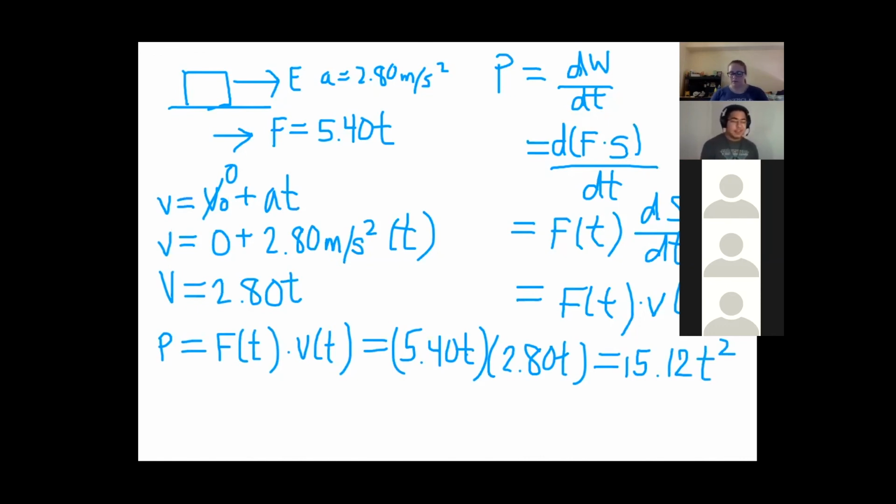Given that we need to find our power at t equals 5 seconds, we just need to plug in 5 instead of t, and we should be able to find our answer.